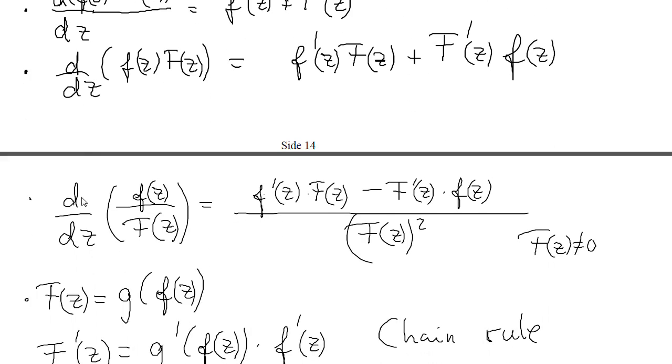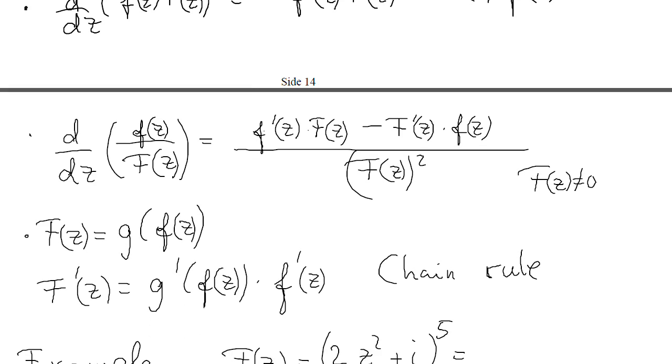And also for the derivative of some fraction, if we have a differentiable function in the numerator and another in the denominator, we have this formula for the derivative of this fraction. Here we have to assume that f of z is different from 0.